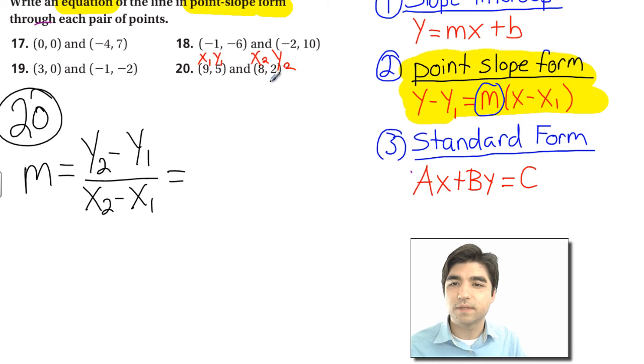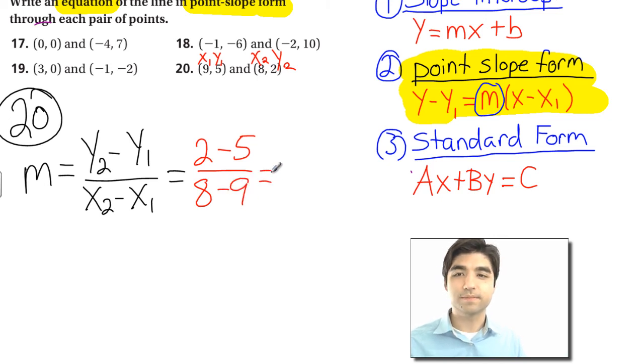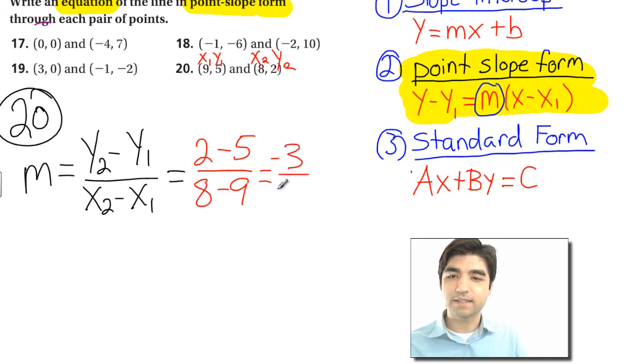So the 2 is our y2, and our y1 is 5. Then that's all over x2, which is 8, and our x1 is 9. So simplify this: 2 minus 5 equals -3, 8 minus 9 equals -1, and -3 divided by -1 equals +3.